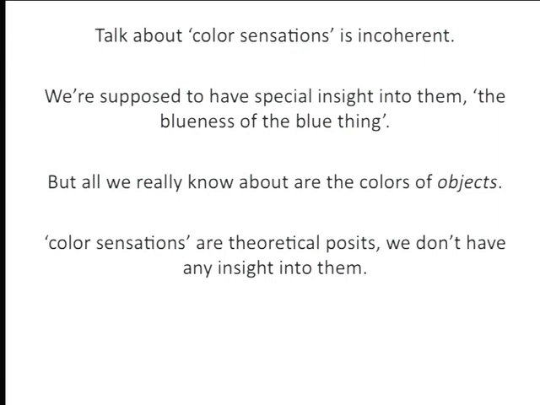But you have no knowledge of them whatever, any more than you have direct knowledge of electrons. They're just postulated to explain what's going on here. And that's really incoherent. The sensations can't be both something that we have immediate, perfect, complete knowledge of and mere theoretical postulates that we don't have any insight into.